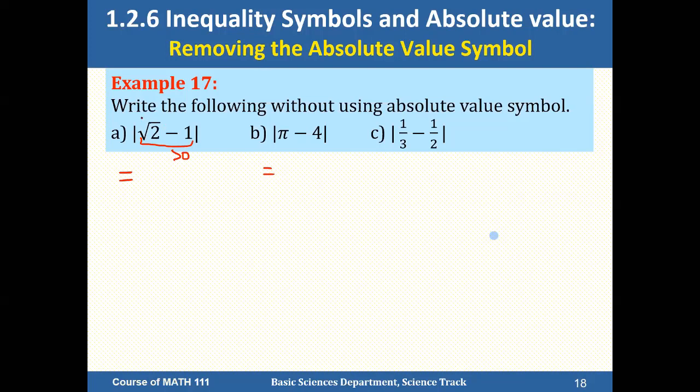Square root of 2 is 1 point 4 or something, أكبر من واحد. إذا هنا نعرف we know that the quantity inside the absolute value is positive. صح، كلنا متفقين. Do you agree? We agree. Okay. إذا ما دام the quantity inside the absolute value is positive، إذا تنشال القيمة المطلقة بدون أي تغيير.